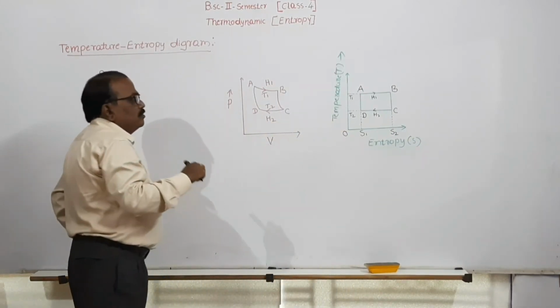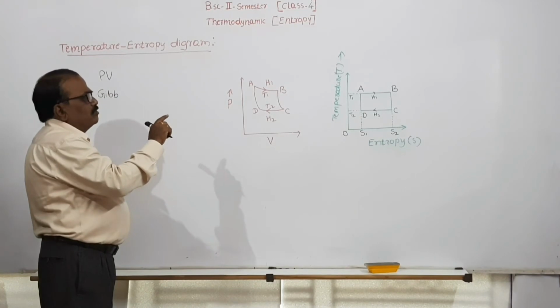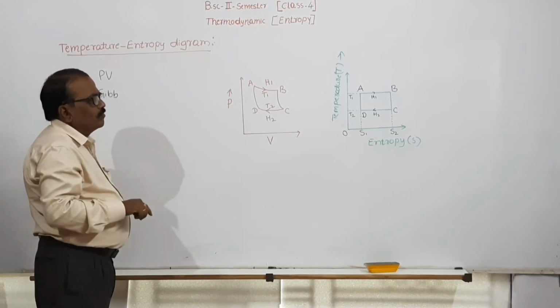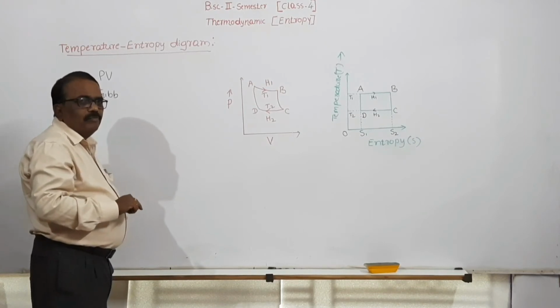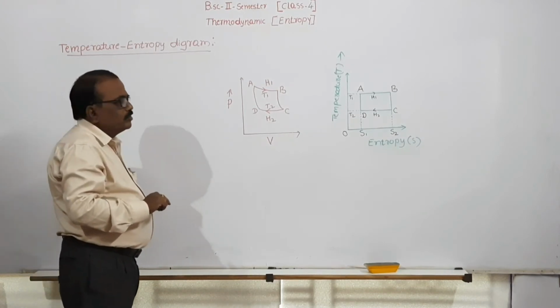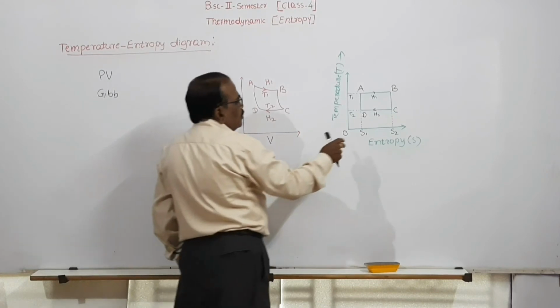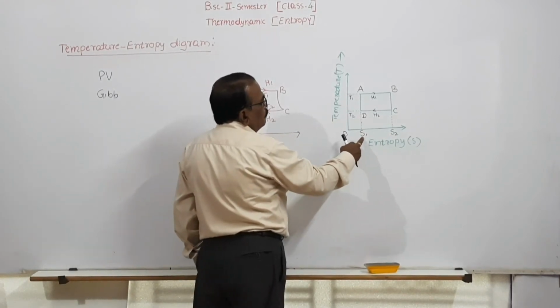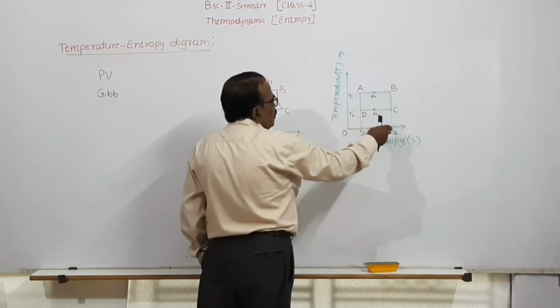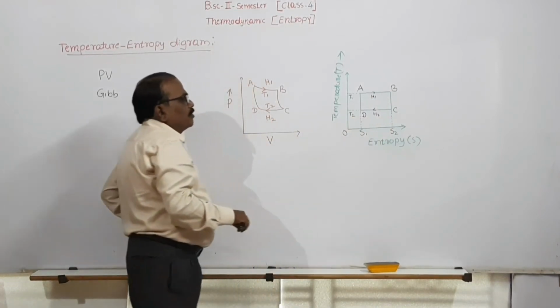Then from A to B, all along the isothermal, entropy changes. So here at A, S1 is the entropy. At B, S2 is the entropy.